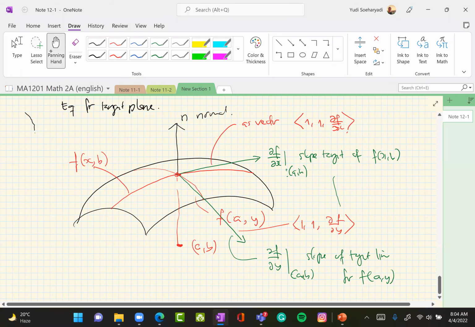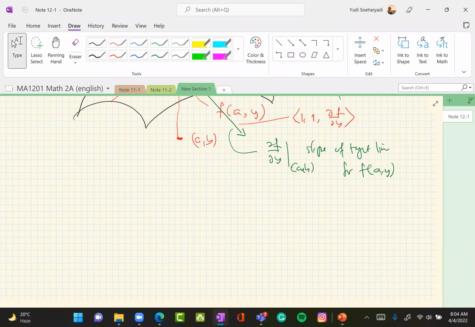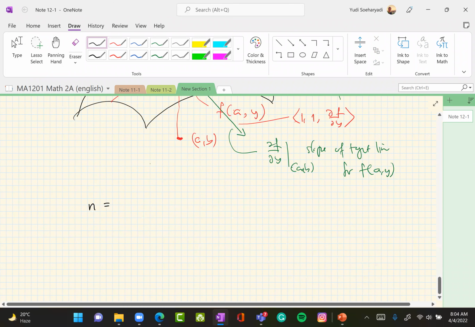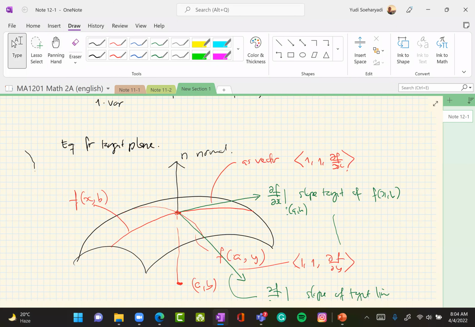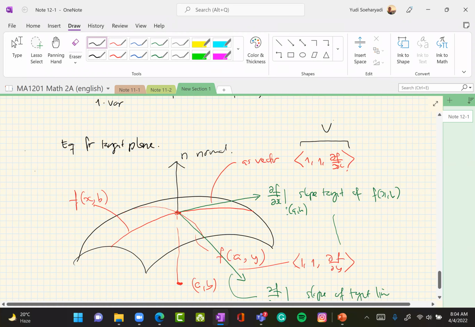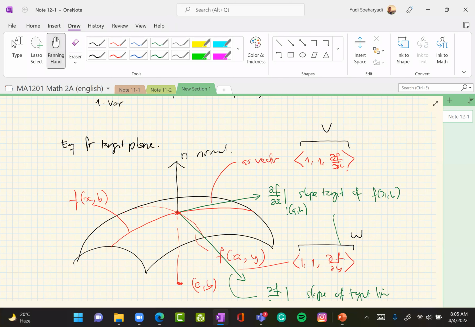Recall from last chapter, the normal should be computed by, notice, not completely normal, but somehow say this is T, this is W. Okay, so the normal should be W cross V. Okay, so what do you get there?